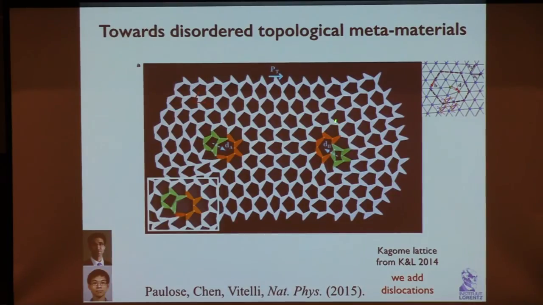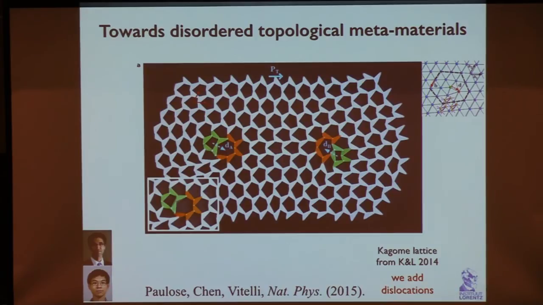And what we're putting here is 2 dislocations, and you can view these dislocations as being objects in which the plaquette of this Kagome lattice has here a 7 and here a 5, and there's a dipole characteristic of the orientation of this defect. There's one here and there's one here. One thing I want to emphasize, if you look at this, is that everywhere in this lattice, the coordination number is the same. So from local considerations, nothing should move in here.